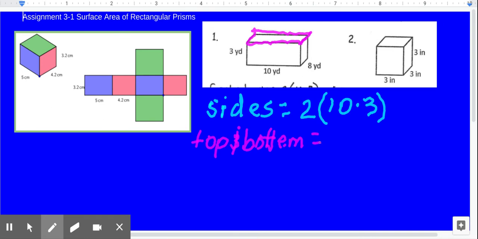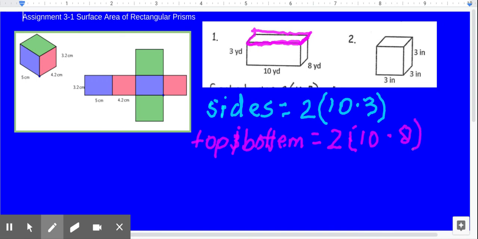I have two of them. And the base is 10. Okay, that's 10. And the height here would be 8, because you can see that the depth there is 8. So it's 2 times 10 times 8.